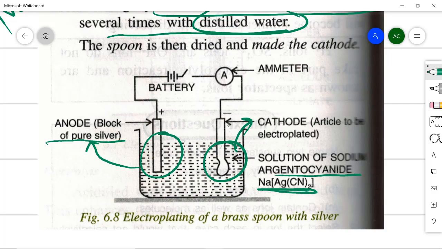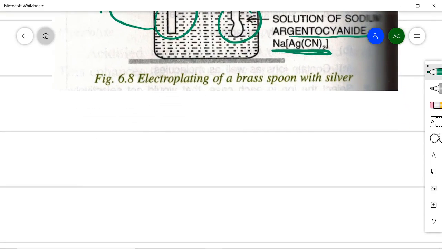Now, argentocyanide means, okay, so let's start the way I have taught you earlier. First we have to see what the electrolyte is. We have taken sodium argentocyanide, or here we can take potassium argentocyanide also, both can work. And then we have to see how the ions are formed.